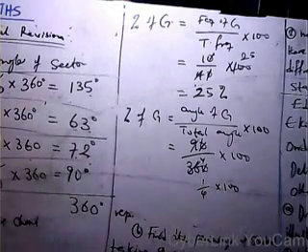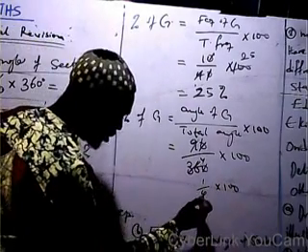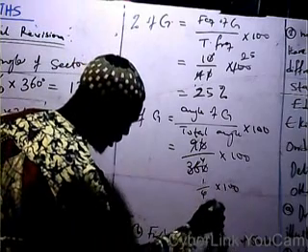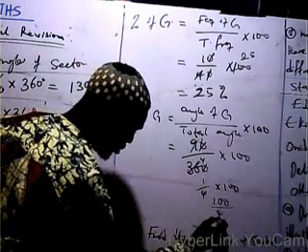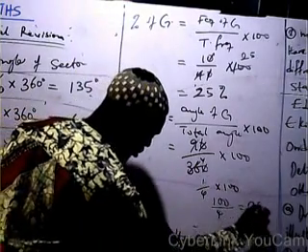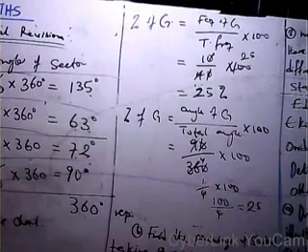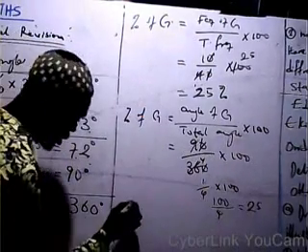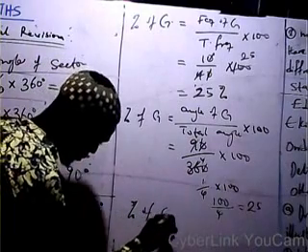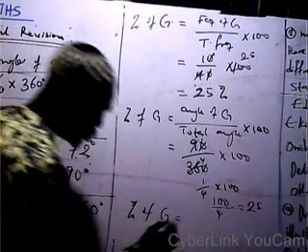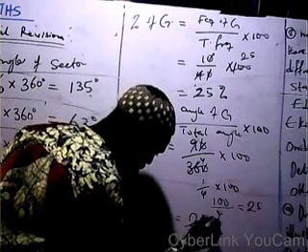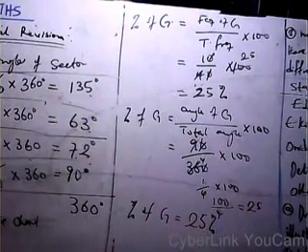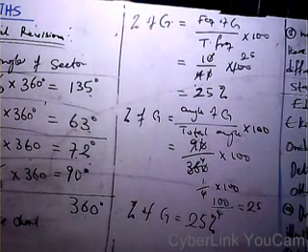That becomes 1 times 100, that's 100 over 4, which is 25. So you have the percentage of grade to be 25%. So whether you use angle or you use frequency, you are having the same thing.